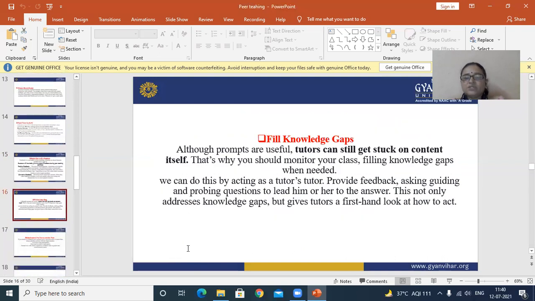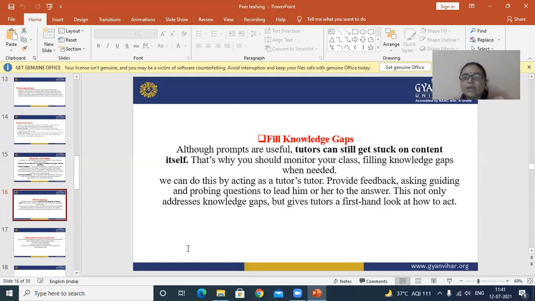Fill knowledge gaps. Although prompts are useful, a tutor can still get stuck on the content itself. That's why you should monitor your class, filling knowledge gaps when needed. We can do this by acting as a tutor's tutor.